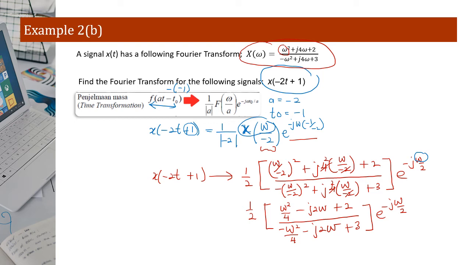This is the function when you have shifting, so there are no changes in this exponential function. Therefore, the Fourier transform of x(-2t+1) is this equation.